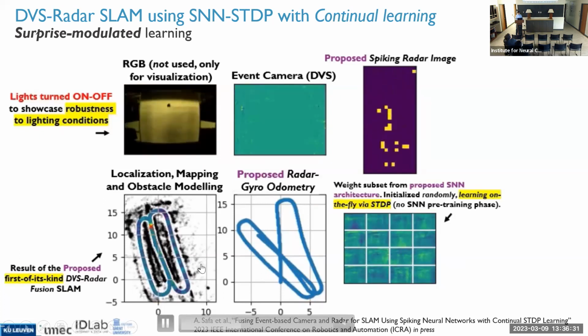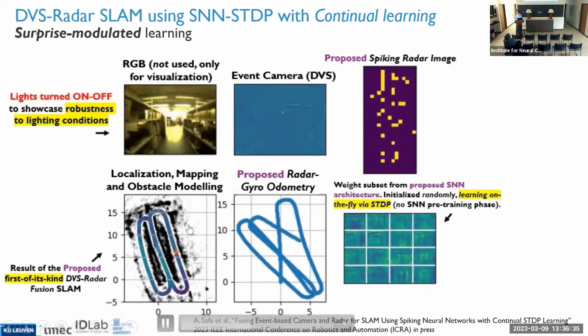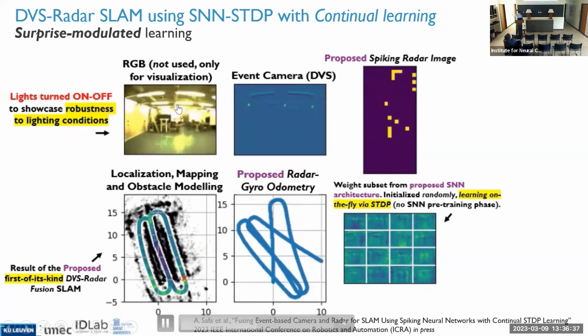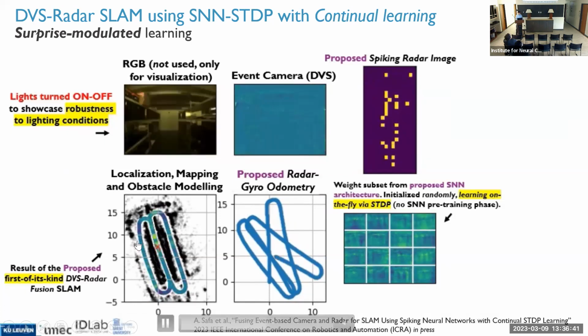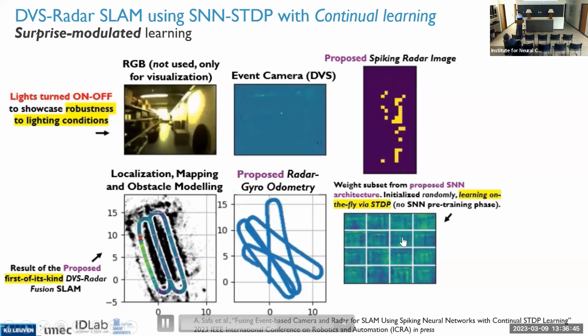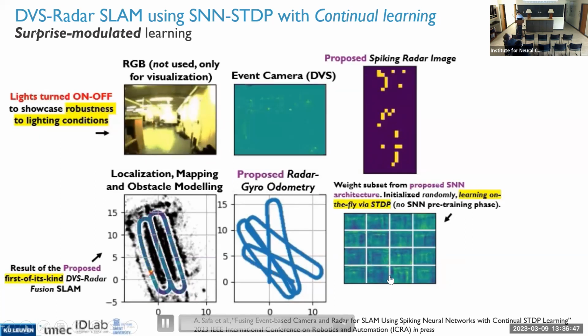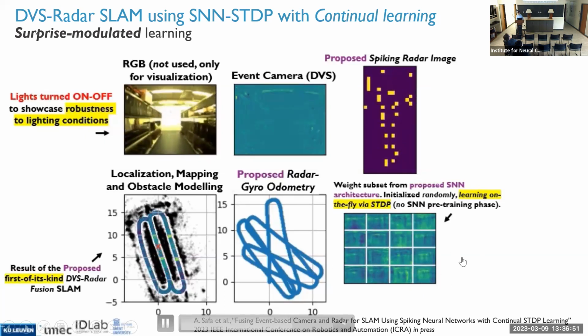And little by little, the shape of the path, a kind of ellipsoidal path here, is then constructed. And the weights, you can see them changing through time. They were initially random, and now they start having meaningful features.